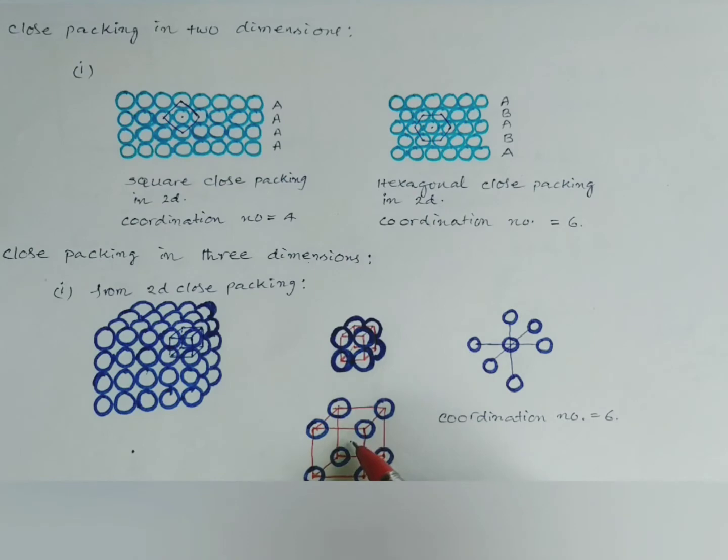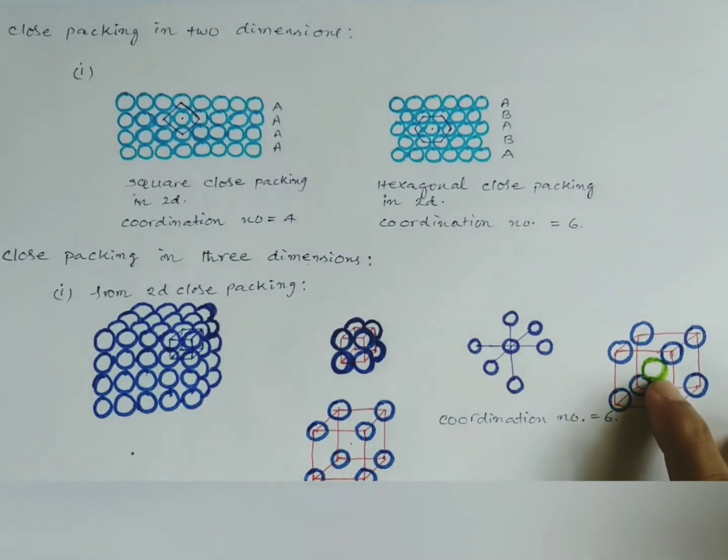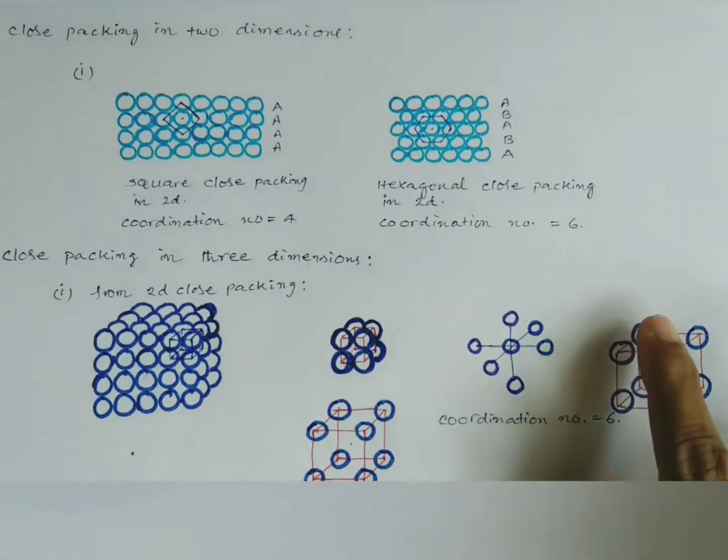So once the atom is accommodated here, what happens? This atom will be surrounded by 8 atoms, and it will be in touch with all these atoms, but these atoms will not touch each other along the edges like this. Now the cubic hole is occupied by the atom like this, and this atom will touch all the atoms present around it.